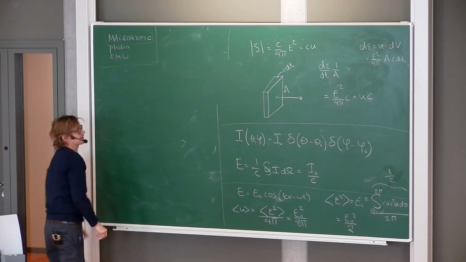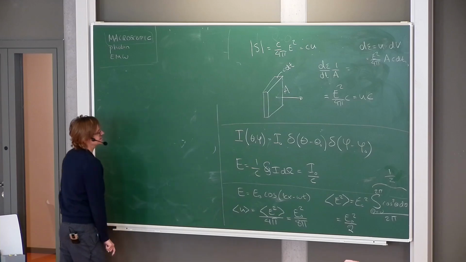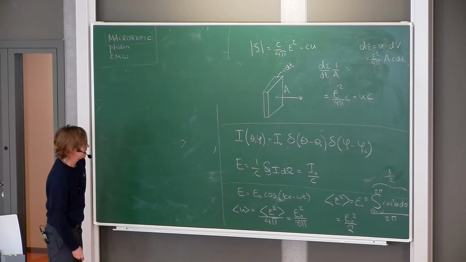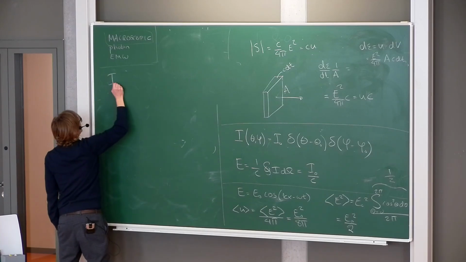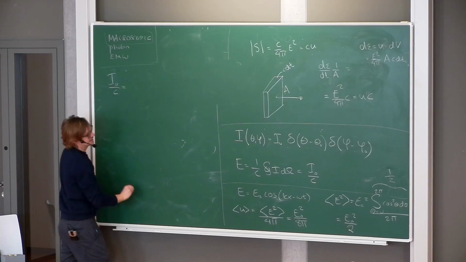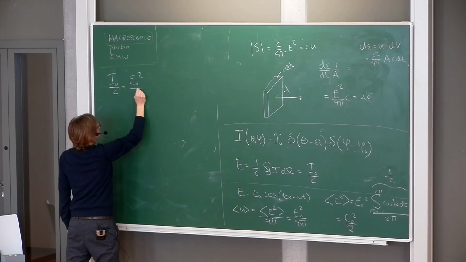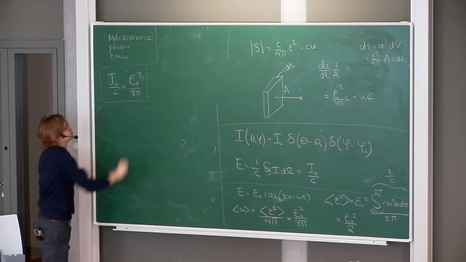So if we now make contact with our description for the intensity, we identify this with the average value of little u, which is E0 squared divided by 8 pi. We can see directly that I0 divided by c is E0 squared divided by 8 pi. And there you have a connection.